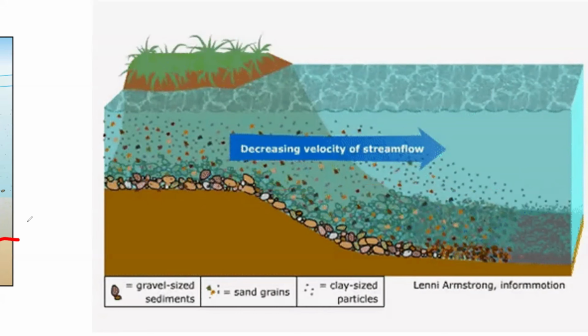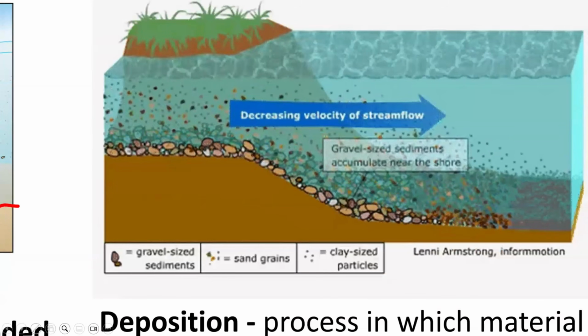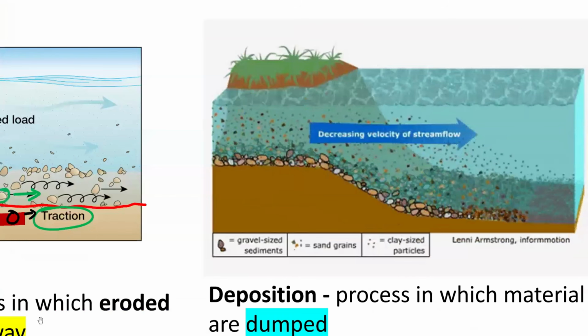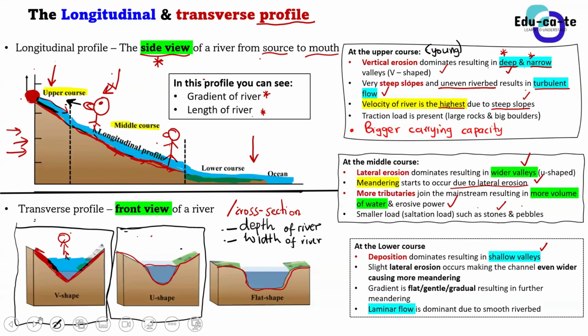But now, what's most important for you as grade 12 learners is to be able to explain why deposition is a dominant fluvial process at the lower course. At the lower course we do have lateral erosion, but it's not that big compared to deposition.